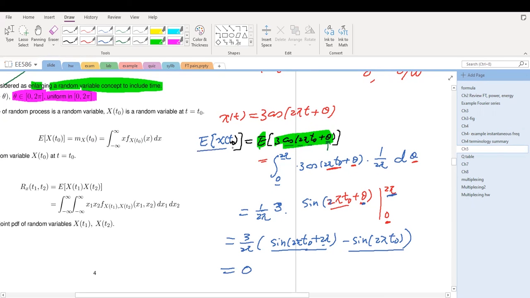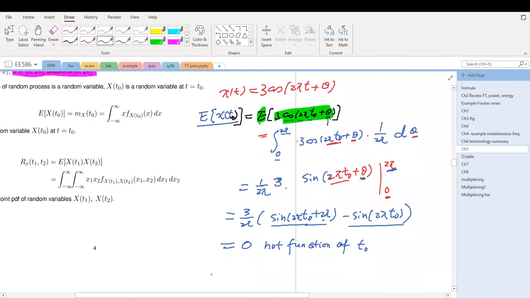Therefore, you can see the expectation of this random process at any t naught is not a function of t naught. If we want to take the expectation of this random process at any t, that equals 0. Change X t naught to X t and take expectation and still get 0. So this is how we obtain the expectation of a random process.